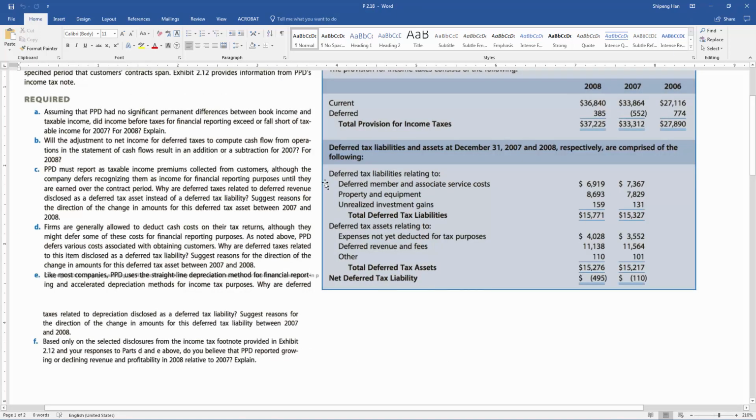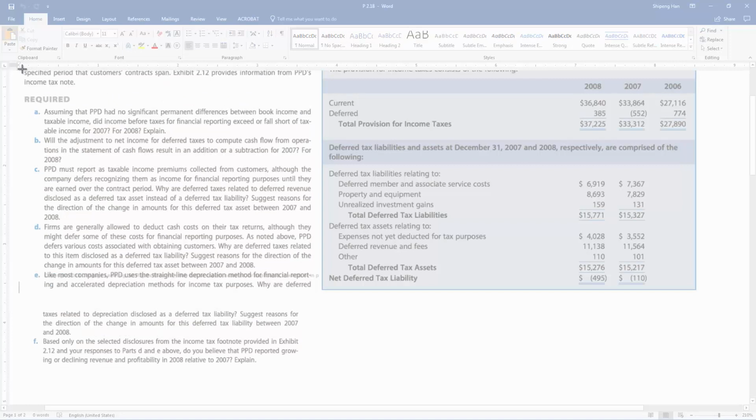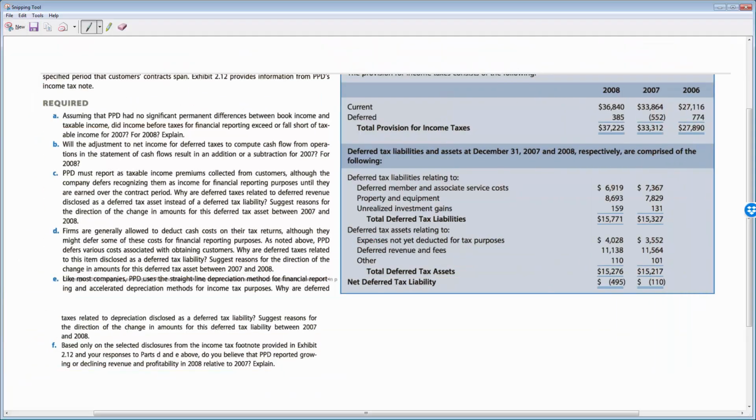That's why we observe, let me use this tool. Okay, that's why we observe that the property, plant, equipment is a factor contributing to the deferred tax liabilities. And we also observe here there is an increase. Okay. So the increase actually indicates the company keeps purchasing new equipment. Right? So if the company keeps purchasing new equipment, that means the company can keep the trend to accumulate deferred tax liabilities.